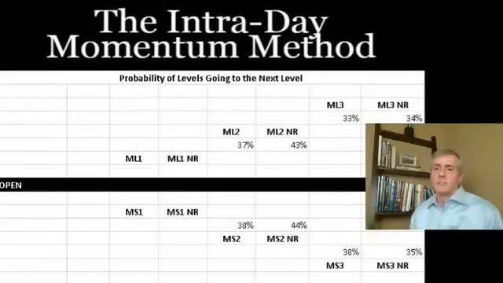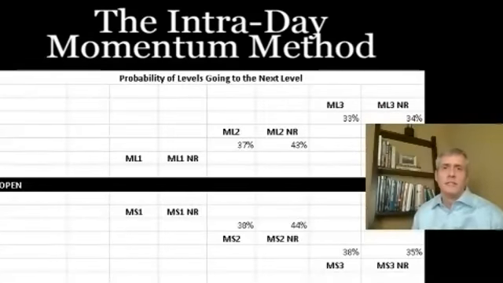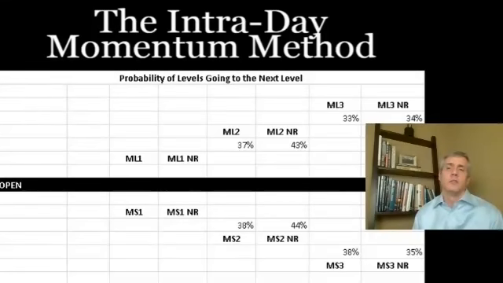So what percentage of the time, if we got to the ML1 level, did we get to the ML2 level? Or what percentage of the time did we get to the next level if the level was met? I wanted to see if I could increase these probabilities by any type of calculation that I could make. And what I found was, if we get to ML1, 37% of the time we get to the ML2.